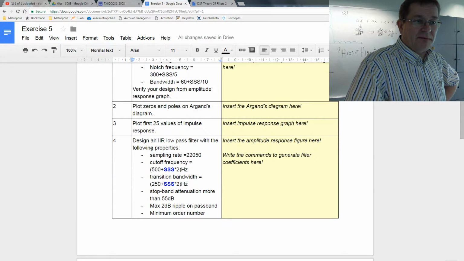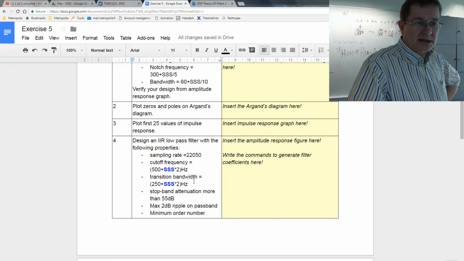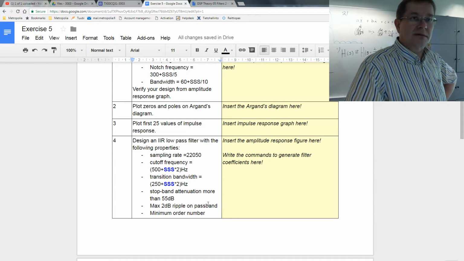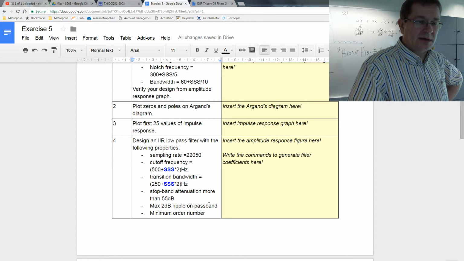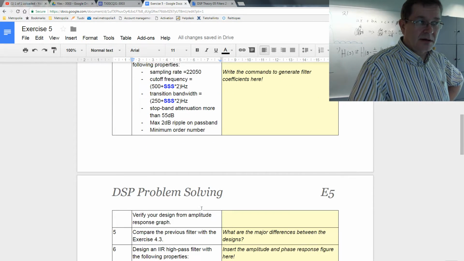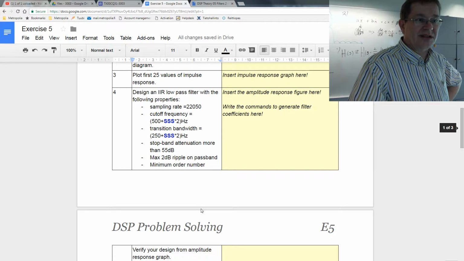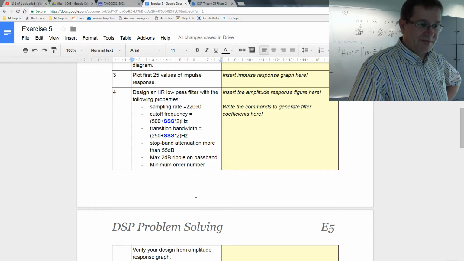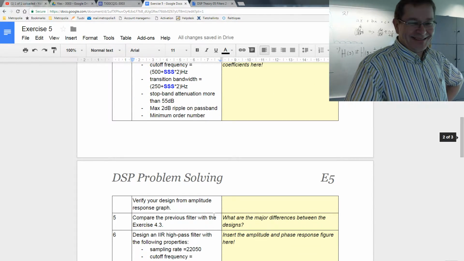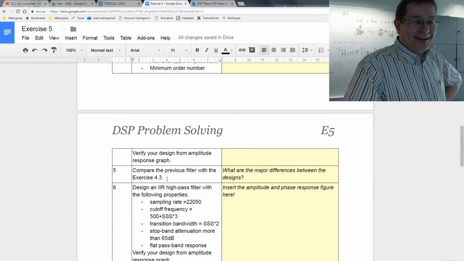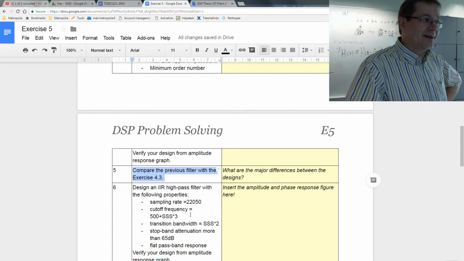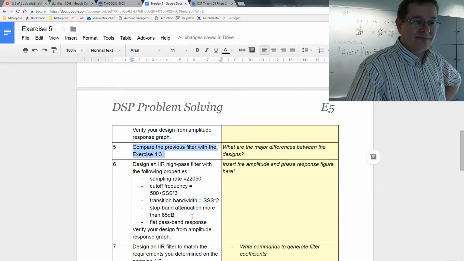Then the fourth one, I think this is quite close to the FIR exercise, but now you need to design an IIR filter. Let's compare it with your FIR design.